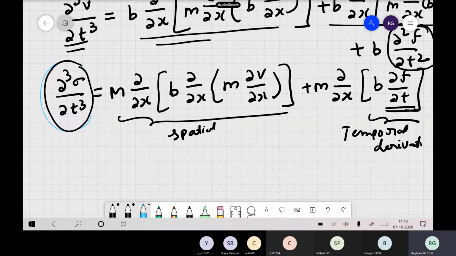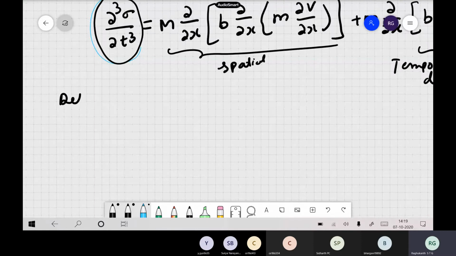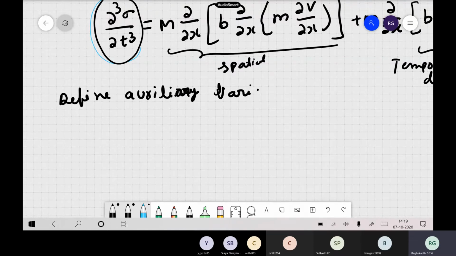So to write this in a nice fashion, we define some auxiliary variables, or auxiliary functions. We define them like this.